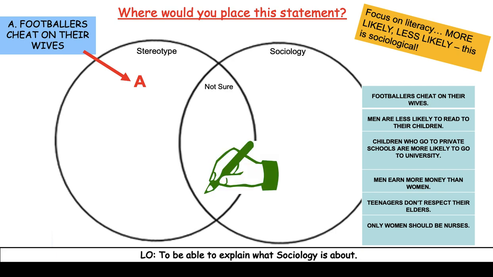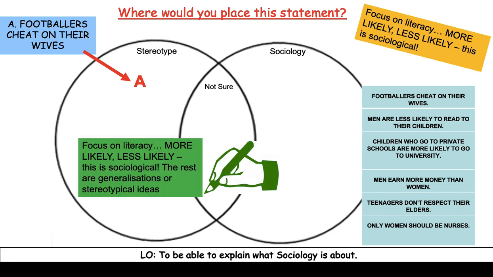Okay, so let's have a look. I want you to focus on more likely, less likely, okay? So it's very important when we are studying in sociology, we use specific terminology. So if for example, where it says the second one down, men are less likely to read to their children, that is actually sociological, okay?